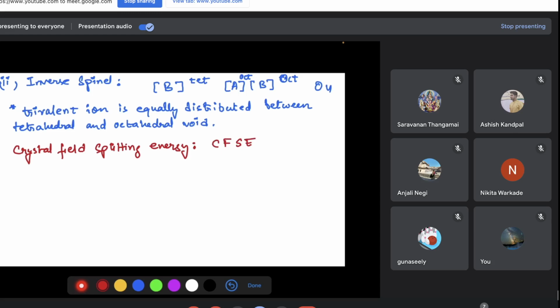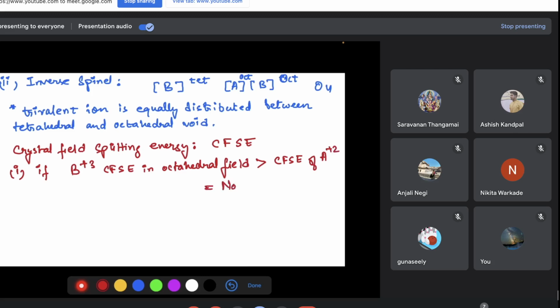We calculate the CFSE of both the metal ions, divalent and trivalent, and then compare the two. If the CFSE of B plus 3 in octahedral field is greater than the CFSE of A plus 2, it will be a normal spinel.